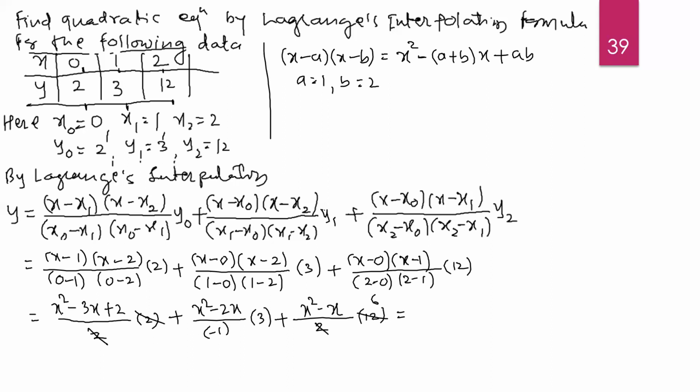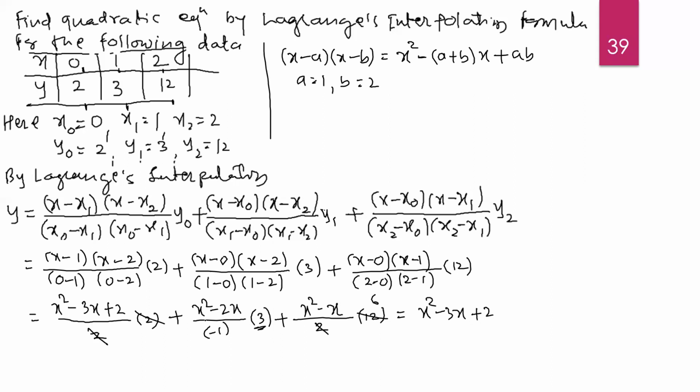Now construct the x square term. Here x square, here minus x square, and here 6 times x square. Sorry, this 3 is here. So plus 6, and this minus 3, and this 1. So this is 6x square minus 3x square plus, in simplified form, 2.